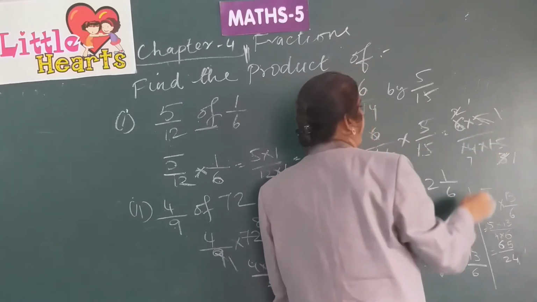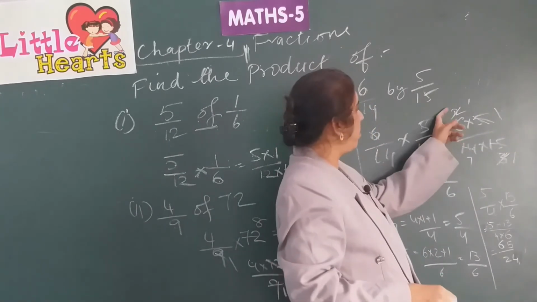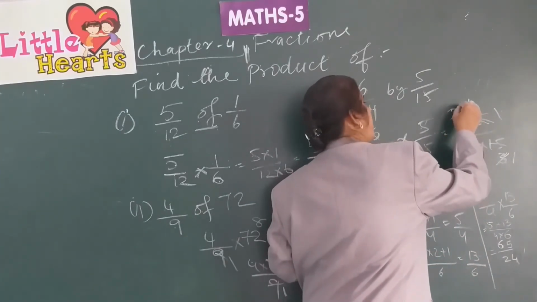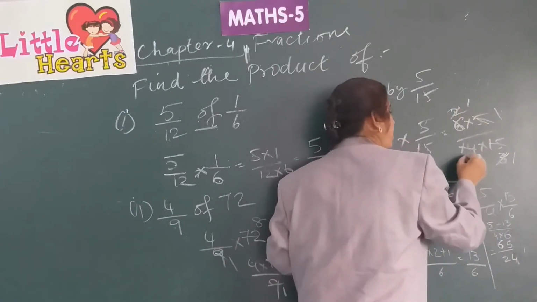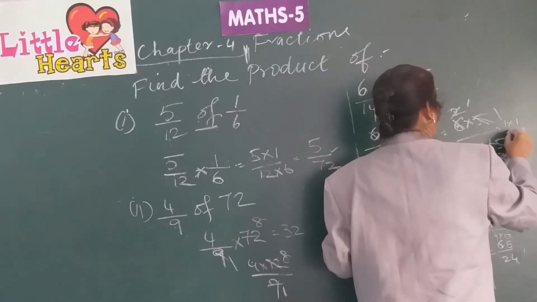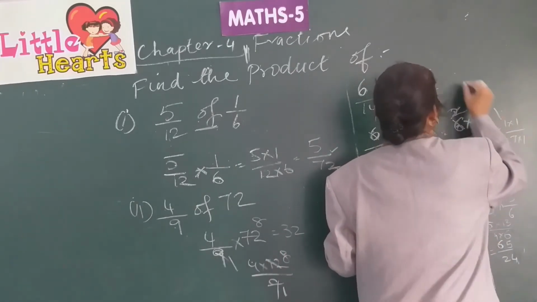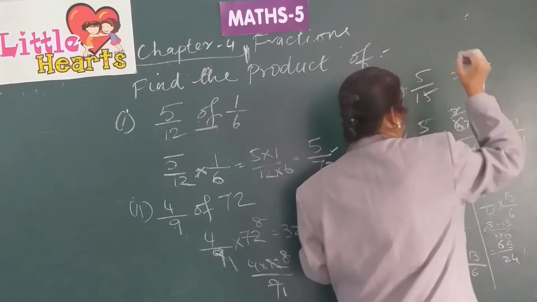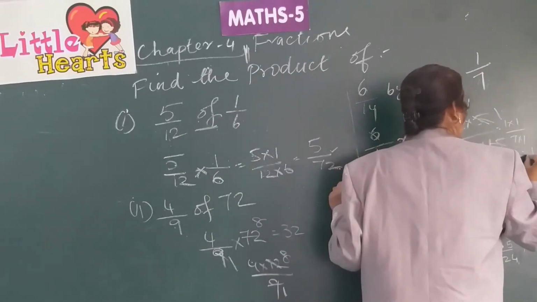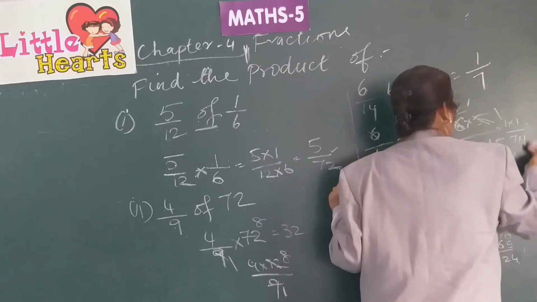Now the leftover is 14 here. Cancel with these two. 2 ones are 2, 2 sevens are 14. So the final answer is 1 into 1 by 7 into 1, that is equal to 1 by 7. 1 by 7 is the final answer.